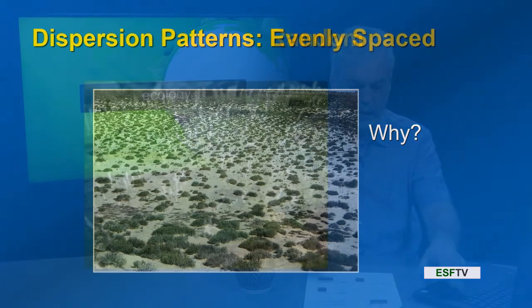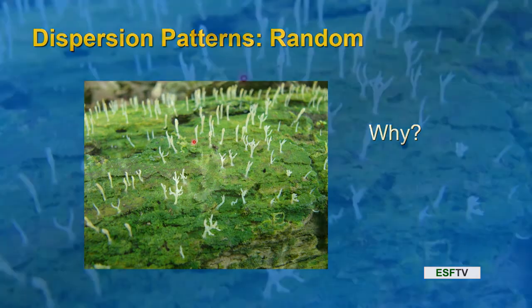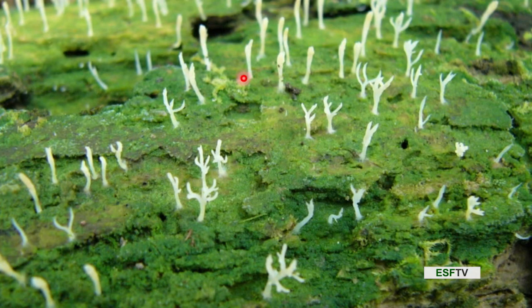Okay, and then lastly, random. And I pulled this up from some slides that I had. This is a little fungus, of course. It's growing on a log that's highly decomposed, and there's a lot of moss, and the distribution pattern is random. Now, unlike the fungus that the author of our book used, each one of those is probably its own individual.